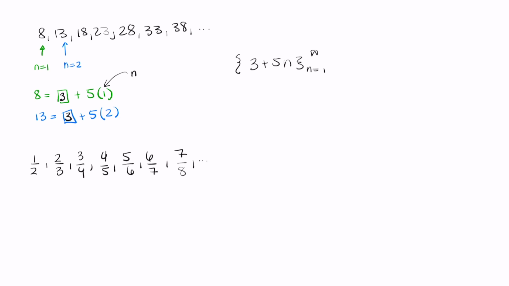What is happening? Well, the numerator starts at 1, and then each time we add 1 more. So this one gives us 2. And this one here is 2 plus 1. This one here is 3 plus 1, and so on. So again, I'm going to start by labeling this my n equals 1 term. So in my numerator, when n equals 1, my numerator is 1.